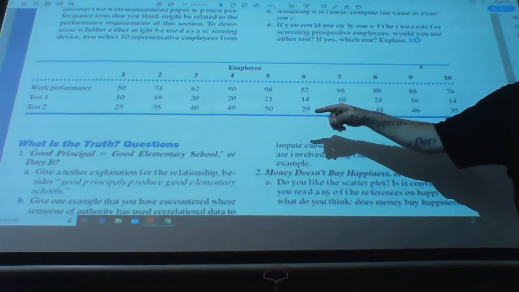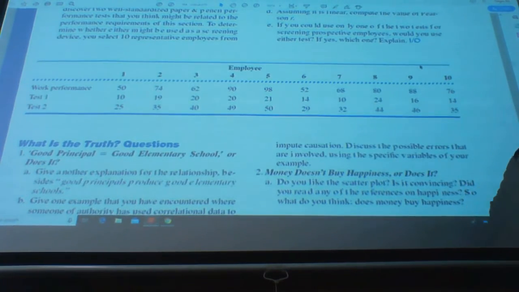I've got 3 different sets of scores: work performance, test 1, and test 2.